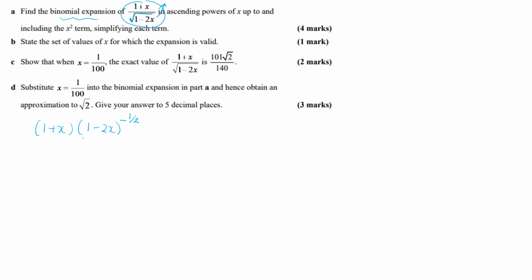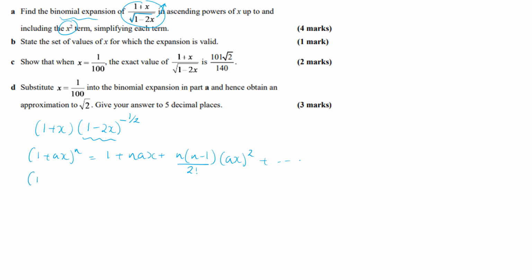So we're going to use the binomial expansion to expand that, and you get in the formula book that 1 plus ax to the n is equal to 1 plus nax plus n times n minus 1 over 2 factorial ax all squared plus dot dot dot, and we're only after the terms up to and including the x squared term, so we don't need any more than that.